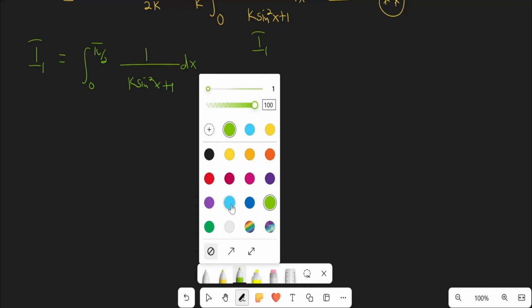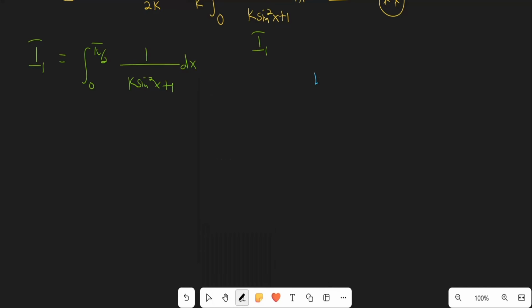Let me switch colors. So in doing the substitution, we are going to let y be equal to the tangent of x. When we do that, what will be the change in limits? When x is equal to 0, y is going to be equal to 0, that is tan of 0. And when x is equal to pi over 2, y is going to be tan of pi over 2, which is infinity.